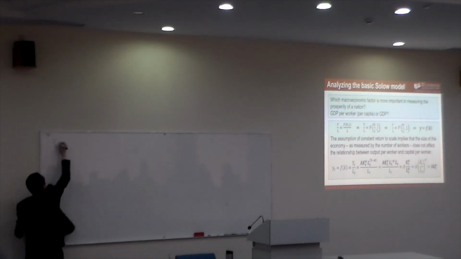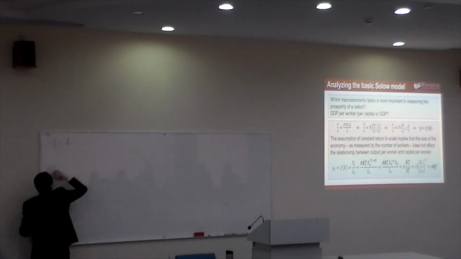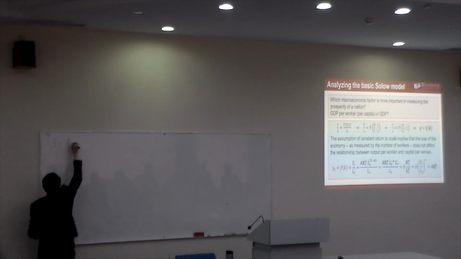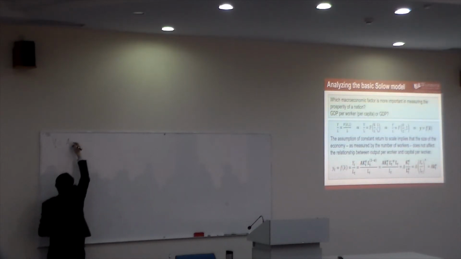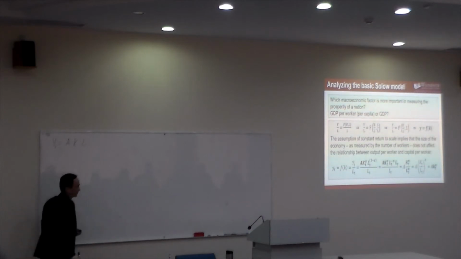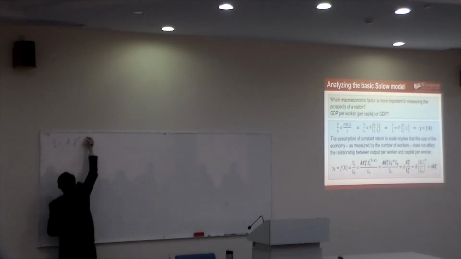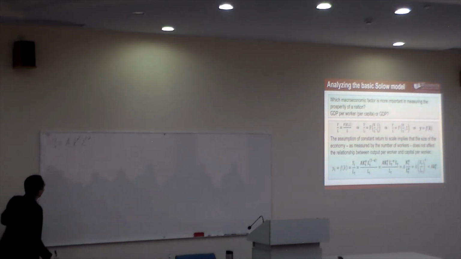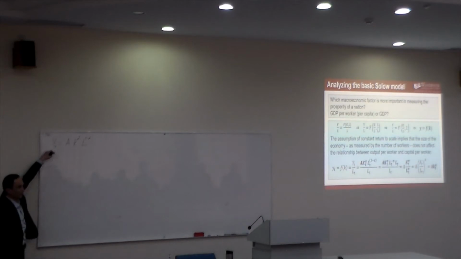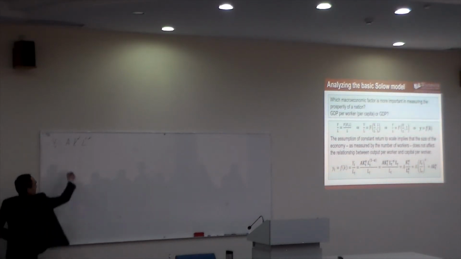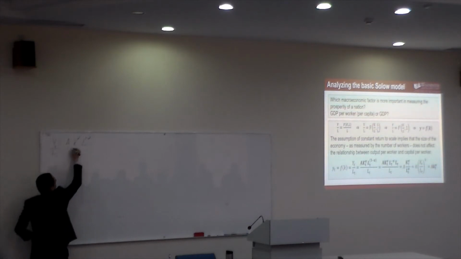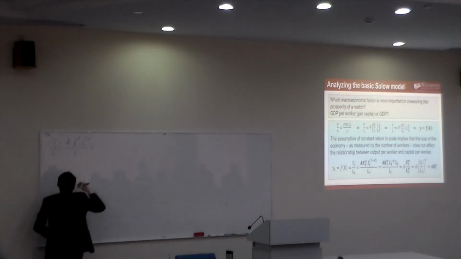So this is technology times capital times labor, in the power of alpha and 1 minus alpha. If we want per capita, we should divide both sides of this production function by labor.